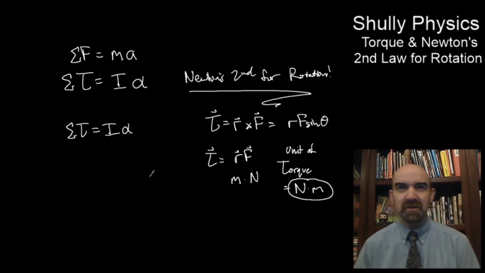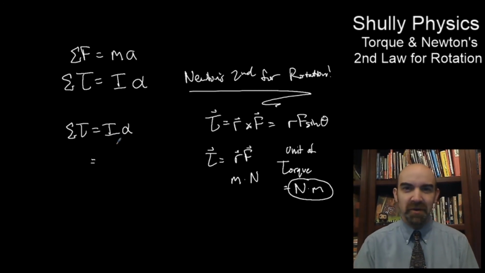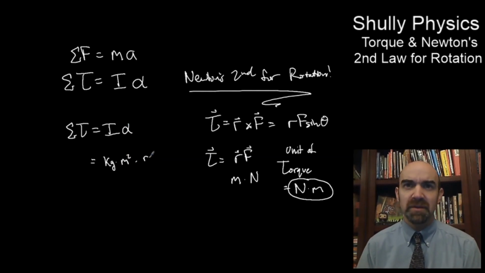Well, let's see if that agrees over here. Wow, what is this garbage? Net torque equals. All right, moment of inertia is in units of kilograms meters squared, like that mr squared kind of format. So kilograms meters squared. And angular acceleration is in radians per second squared.